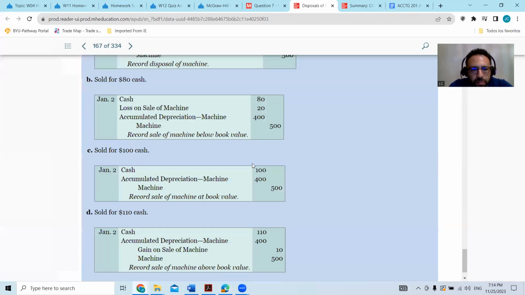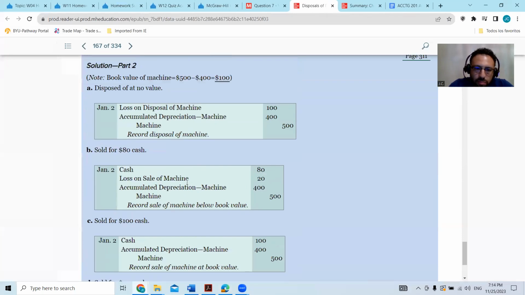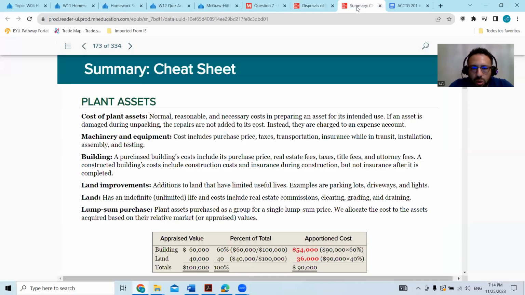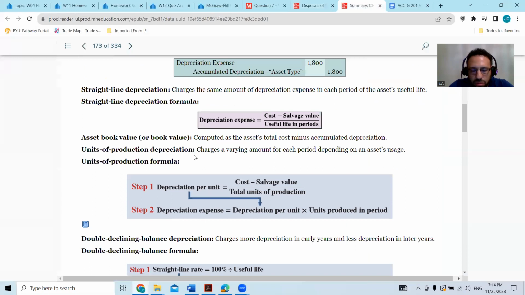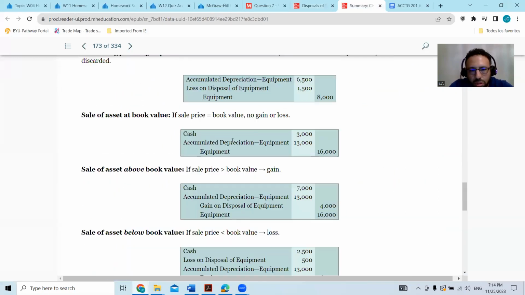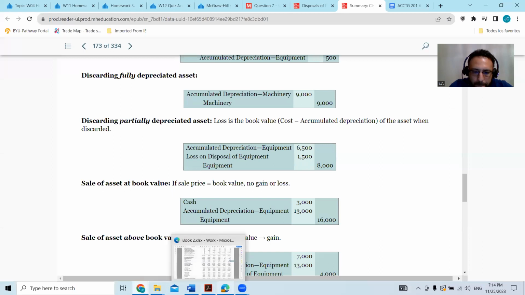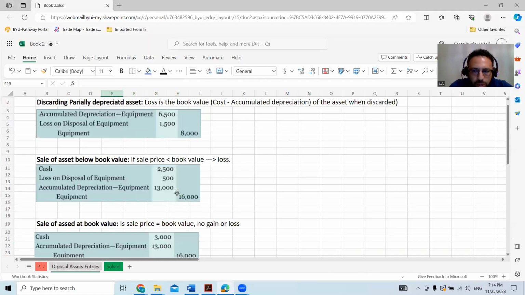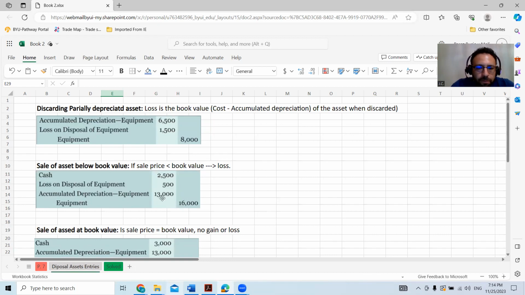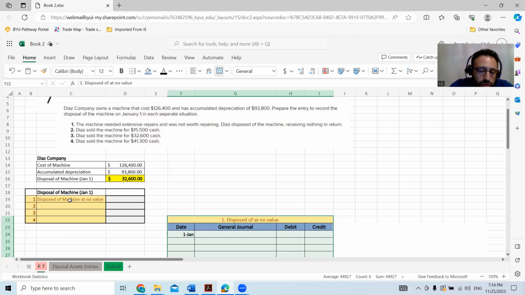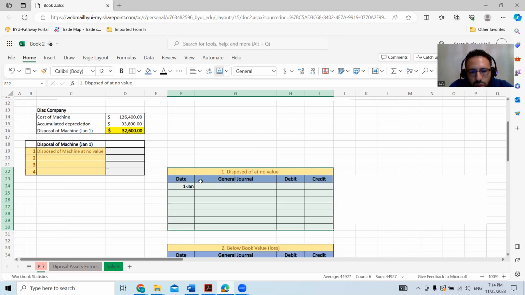When you scroll down to the bottom, you get these examples that will walk you through, or you can use the summary sheet. It's on every chapter. I pretty much copy and paste these images and put them right here. So for our first problem, the section to solve is dispose machine at no value.